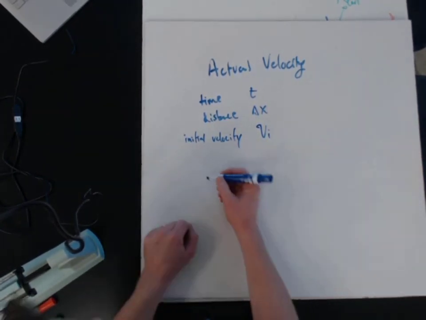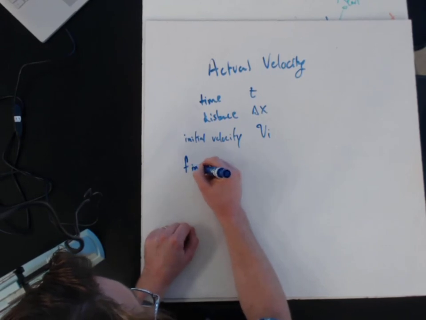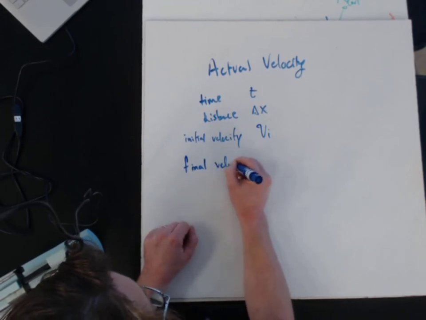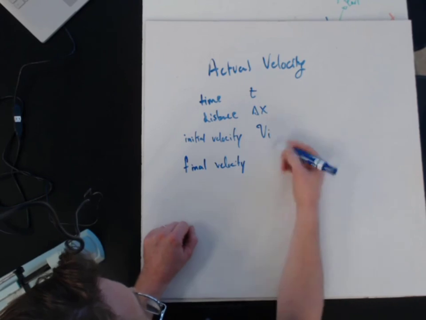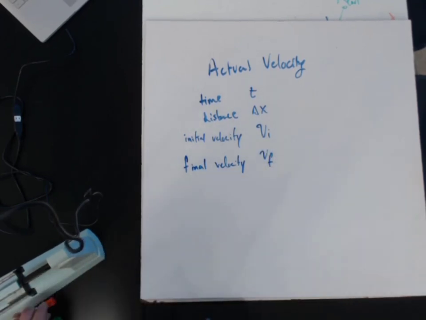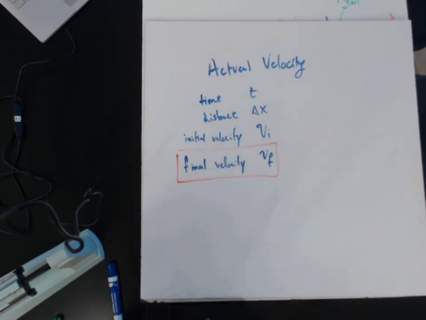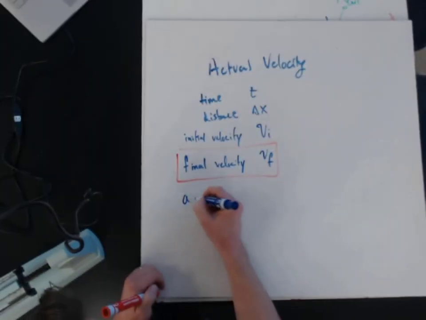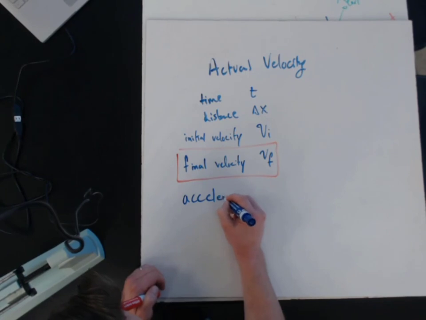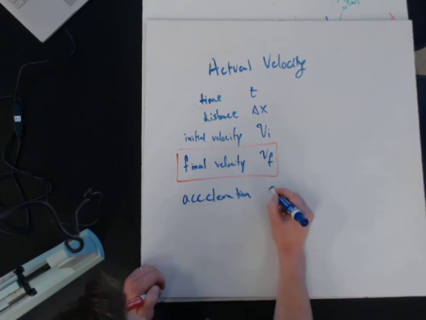And so we only have a couple other kinematic quantities we could possibly solve for. The final velocity, vf, which is what we want to know. Or you could try to figure out the acceleration, which is a.